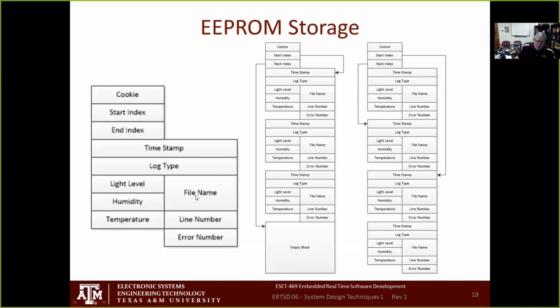So I might assign numbers to my file names, or maybe this is going to be big enough that I can have my file name in here. That makes it really nice when I get ready to debug, by logging from the C file, from the line of code that threw the error. I can log exactly where that happened. So that's actually more information than just that you had error XYZ. It says that you had error XYZ while executing the code in this particular location in your C file.